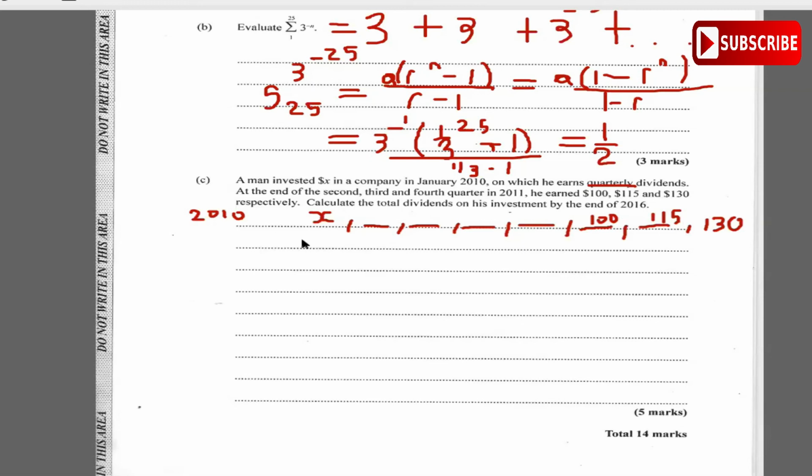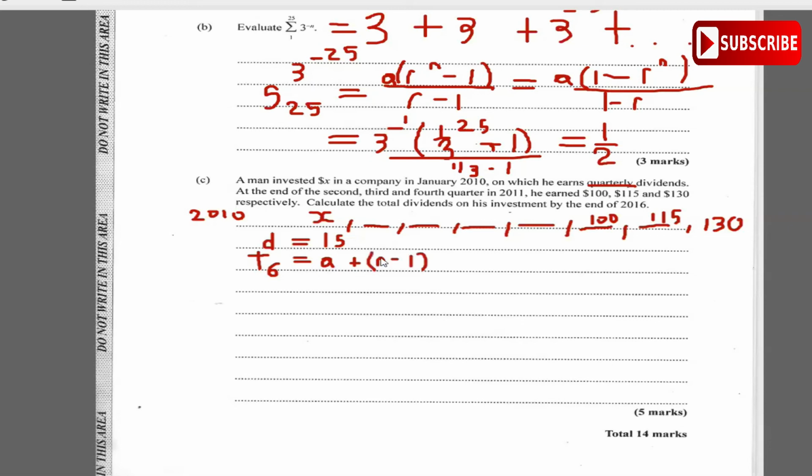And I know the sixth quarter is $100. Now the sixth term of any arithmetic progression, we can call it T6. We know that T6 is equal to a plus n minus 1 times d.